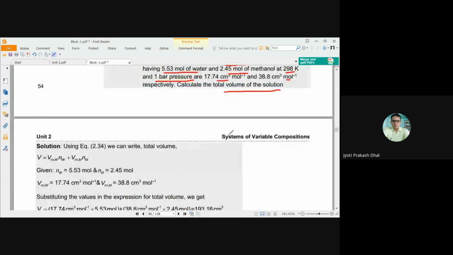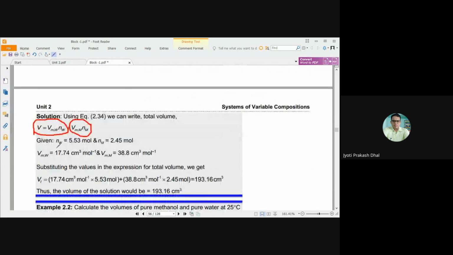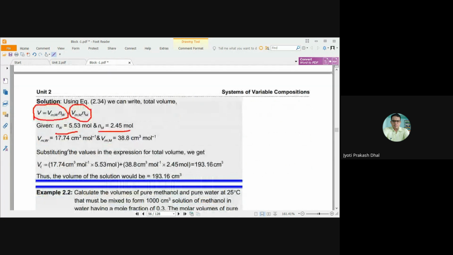The total volume of the solution V equals V_M,W times N_W, where W stands for water, plus V_M,M times N_M, where the capital M stands for methanol. Given that the number of moles of water equals 5.53 moles, the number of moles of methanol equals 2.45 moles, V_M,W equals 17.73 ml per mole, and V_M,M, that is the partial molar volume of methanol, equals 38.8 ml per mole.